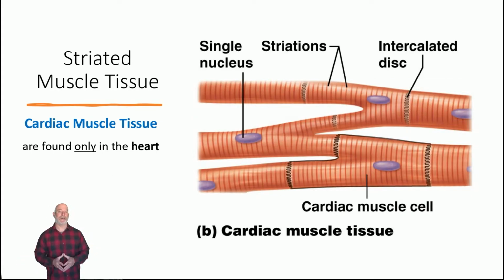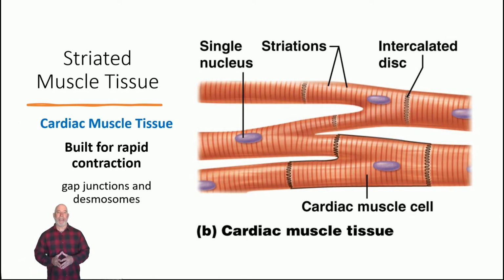Our second type of muscle that's also striated is the cardiac muscle. There are some key differences. First, they are found only in the heart. And these muscles are built for rapid contraction. And the way it does this is that you've got these smaller cells that are branched, okay? Those branches connect at the intercalated disc. And at that disc, you've got all of these gap junctions and desmosomes.